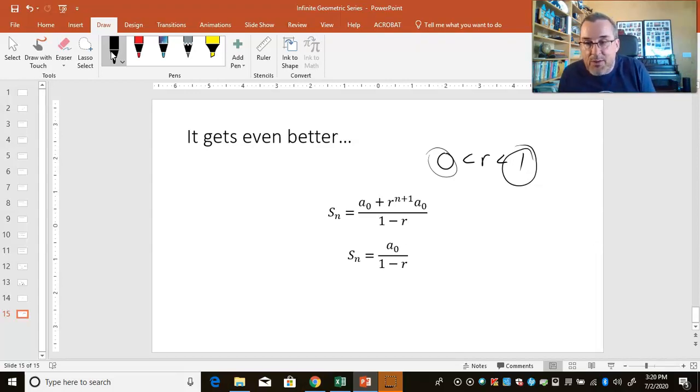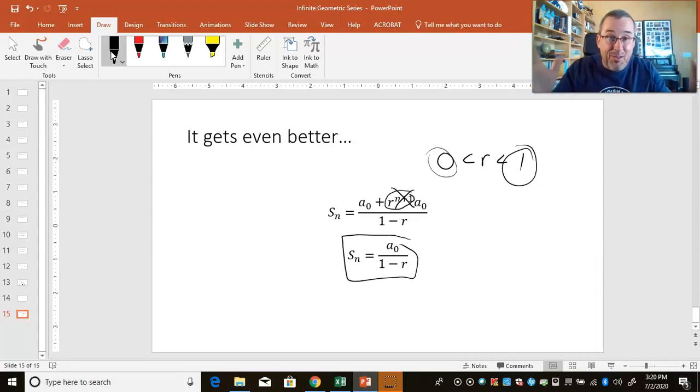And when you have values of r between 0 and 1, and you raise it to a huge power, you will always get 0. As n goes to infinity, r to the n plus 1 approaches 0. And so all it boils down to is this. Now this should blow your mind.